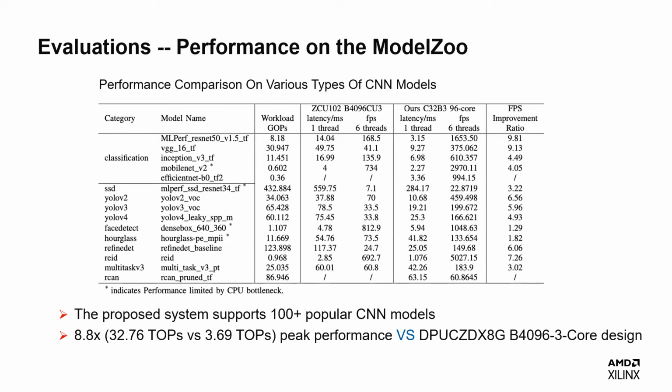Our C32B3 design achieves 8.8 times peak performance compared with B4096 3-core design. From the frames per second of end-to-end, the performance of our design is significantly improved compared to the ZCU102 design.